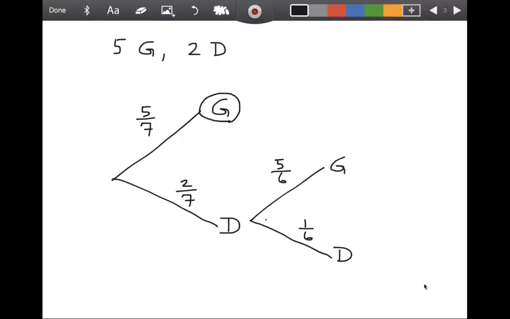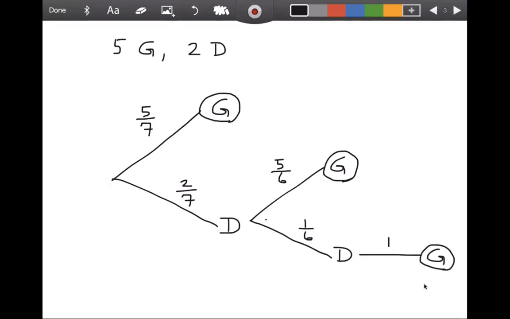Again, as soon as you pick a good bulb, the experiment stops. Now, suppose that you pick a defective bulb and then pick a defective bulb again. At that point, all you have left are 5 good bulbs. So really, there's only one thing that can happen with probability 1. You're going to select a good bulb.